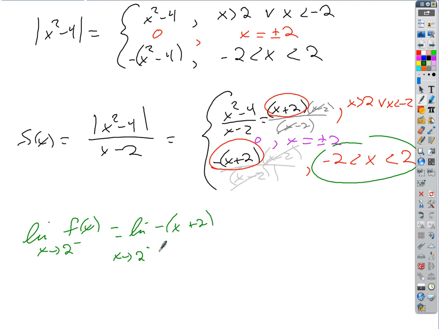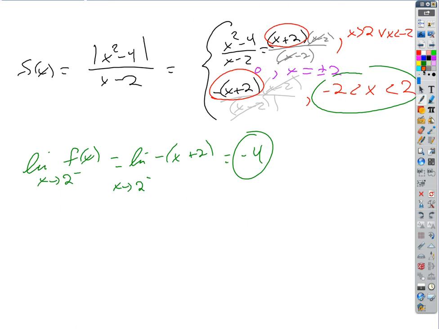So what's our answer going to be? Negative 4, right? Yeah, I'm just plugging 2 in for x, so I'm going to get negative 2 plus 2. Okay? How about the other one then?